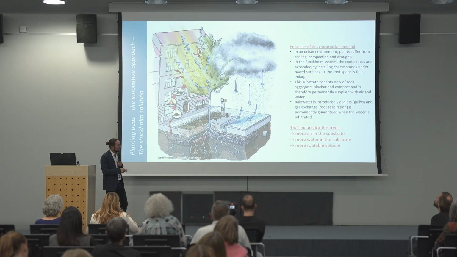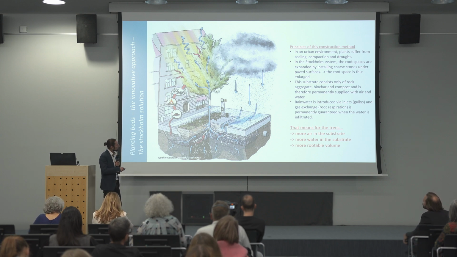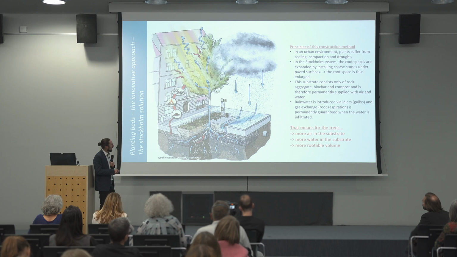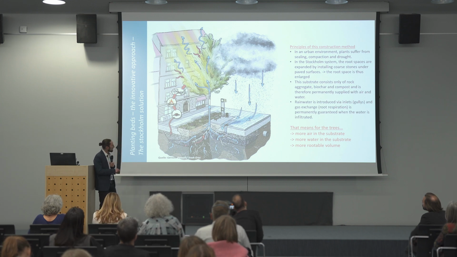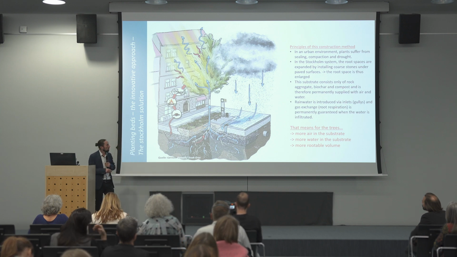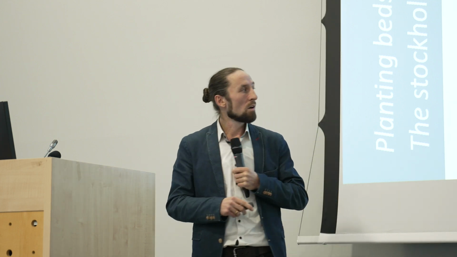So we start to go underneath the pavement with a coarse gravel, a big gravel, and we also normally have some pipes in it. It's possible. And we are infiltrating the runoff through the gully into the underground.